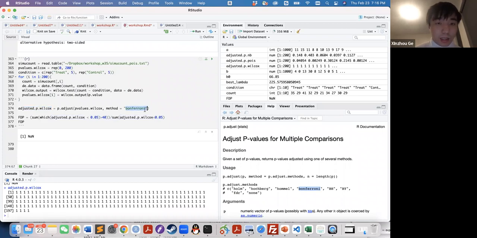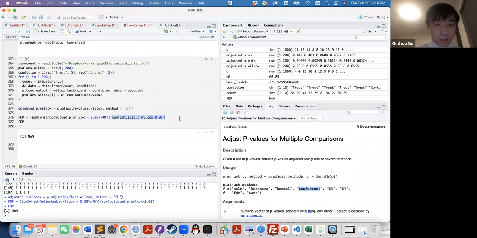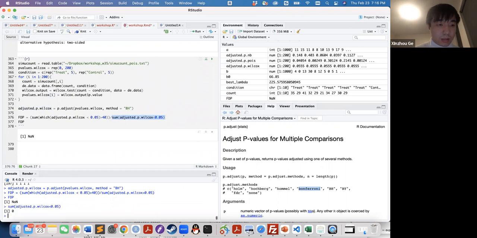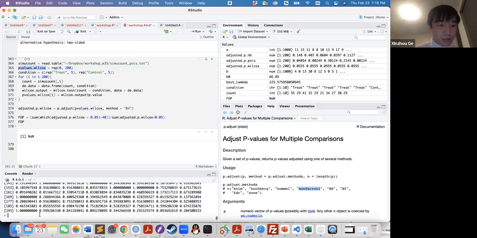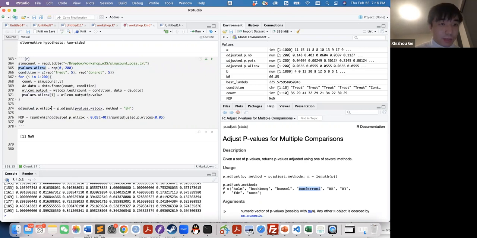Okay, BH, so adjusted p-value for Wilcoxon.